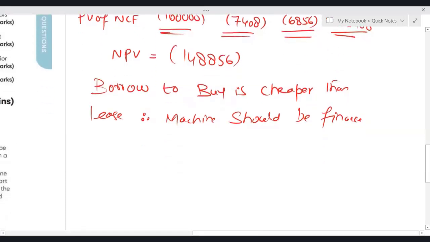Can I say the machine should be financed by borrowing? Why? Because it is cheaper.